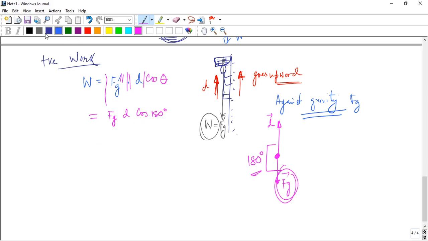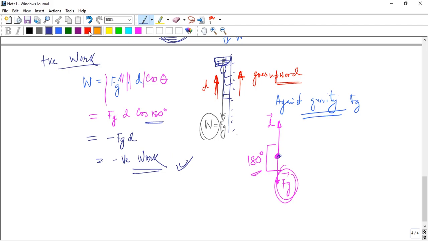From trigonometric ratios, we know that cos 180 is minus 1. So minus Fg d means negative work. If the person carries against the gravity, we get a negative work.